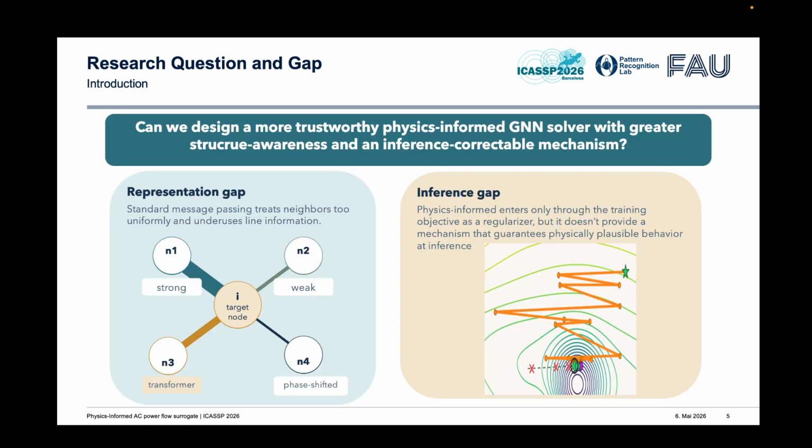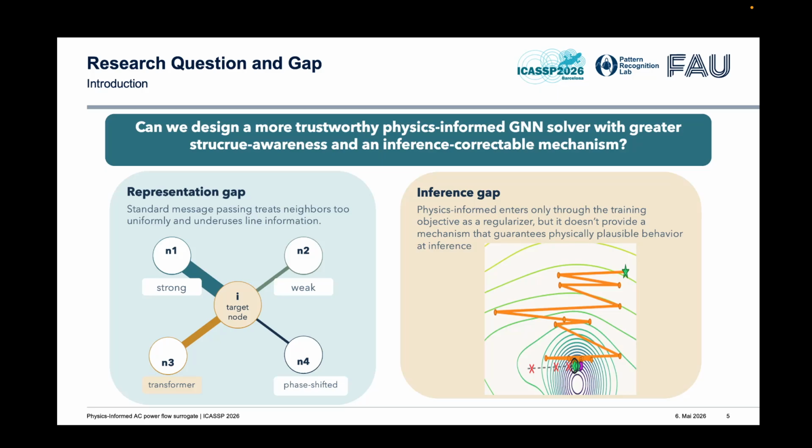So this leads to our research question: can we design a more trustworthy physics-informed graph neural network solver with greater structure awareness and an inference-time correctable mechanism? We found two main gaps in the previous method. First is the representation gap, and second is the inference gap.